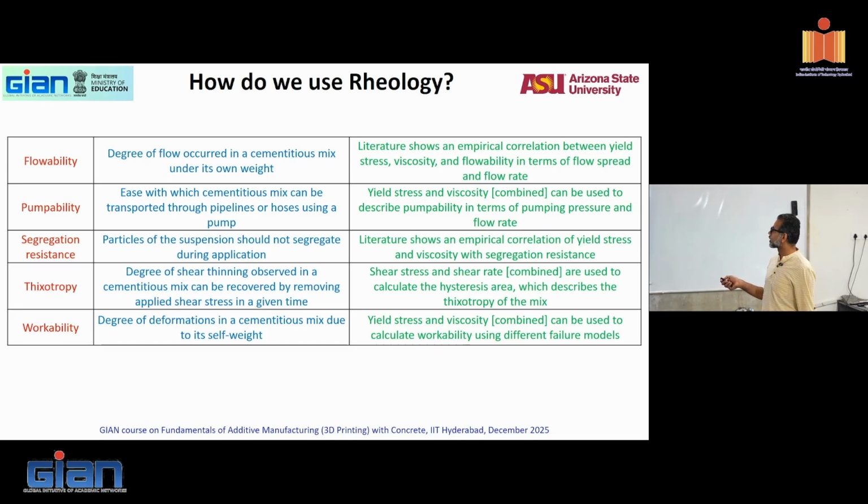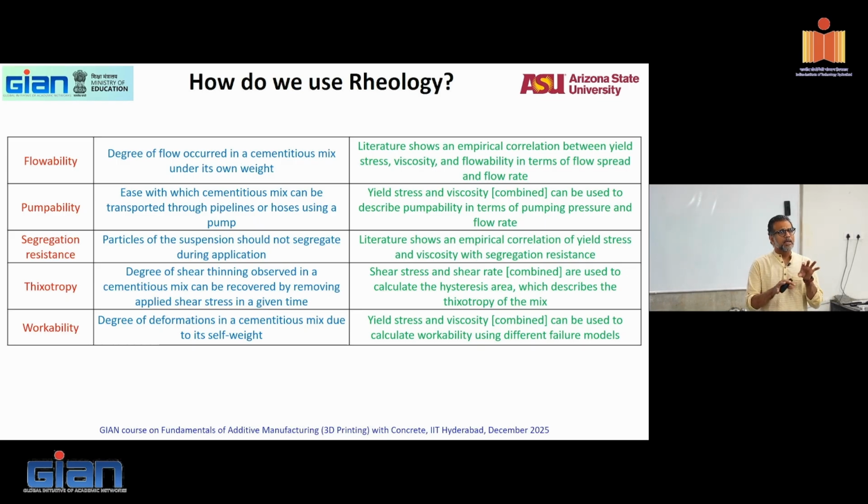That's what we use a lot of. The segregation resistance, yield stress and viscosity is related to segregation resistance. Thixotropy, we'll talk more about thixotropy. Removing applied shear stress and shear rate is used to calculate what's called the hysteresis area, which will describe the thixotropy of the mix. And workability, yield stress and viscosity.